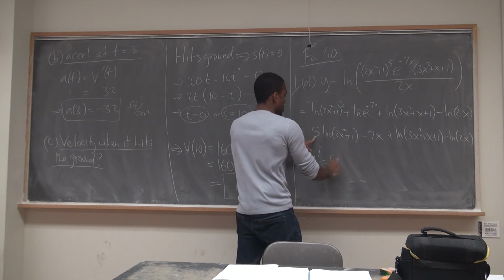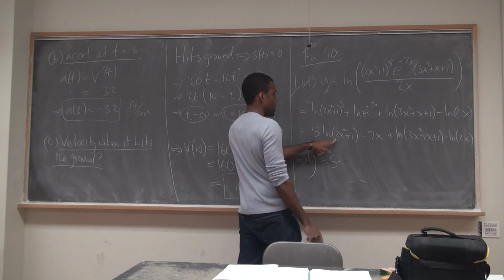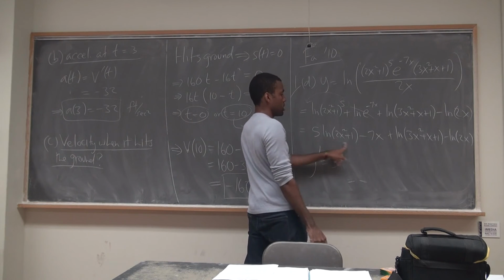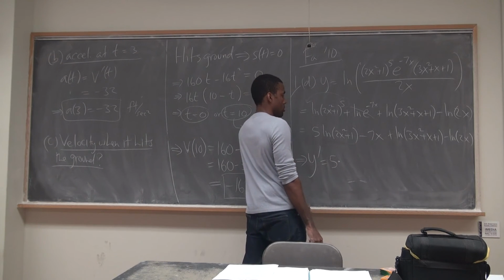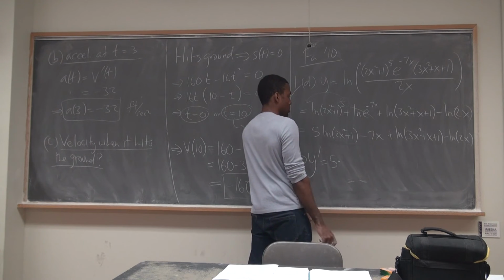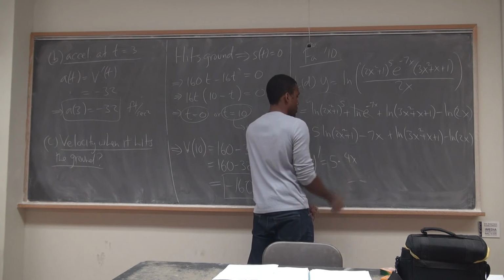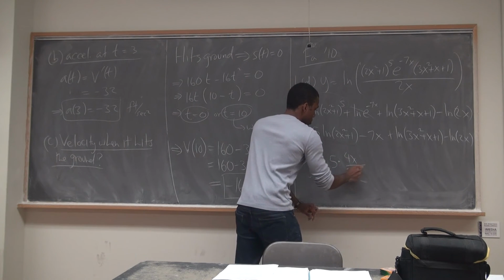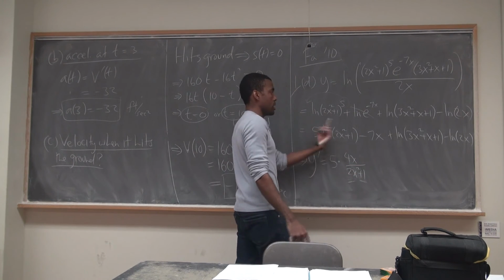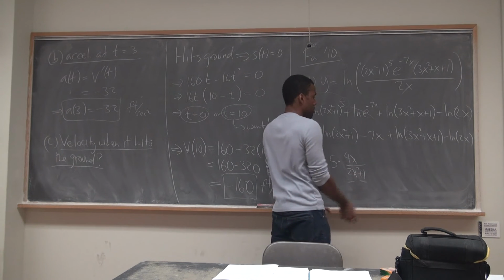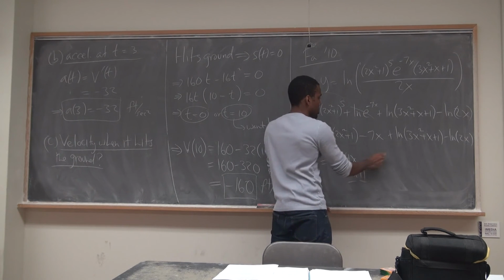This is just a constant, leave it alone. Derivative of this, ln of this: 4x over 2x squared plus 1. Right, derivative of the thing over itself. Derivative of minus 7x: minus 7.